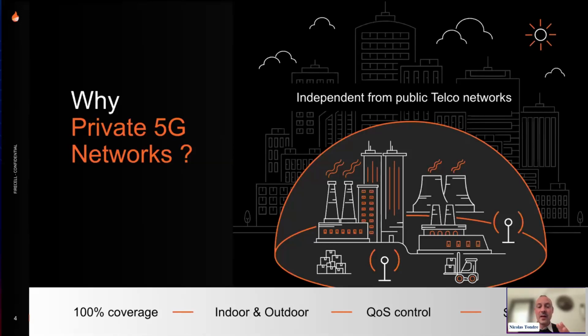There can be logistics with boxes or containers that need to be localized. All this needs a network that fulfills a lot of requirements, and that has to be independent from the public telco network. They need to have their own network that's as efficient as the public telco network.